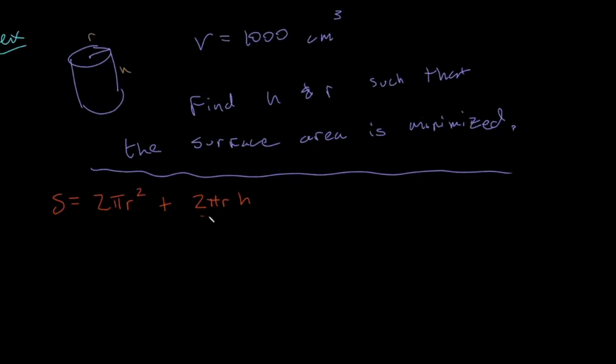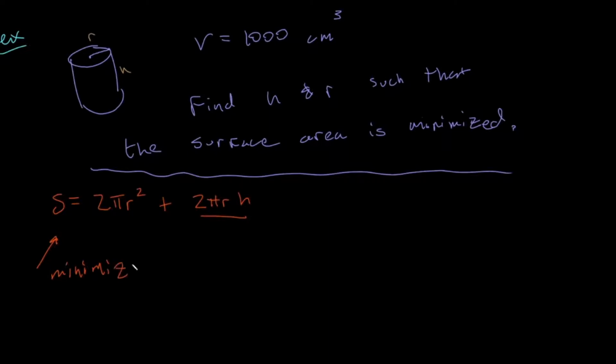And then 2 pi r h is this whole thing, because if you were to cut the cylinder and just roll it out, then this is h, and this is the circumference of the circle, which is 2 pi r. So 2 pi r h is this face, and then the 2 pi r squared is these two faces. So that's the surface area of a cylinder. Again, anything that's not super easily apparent, I will give to you. So this is what we're trying to minimize. That's the goal here.